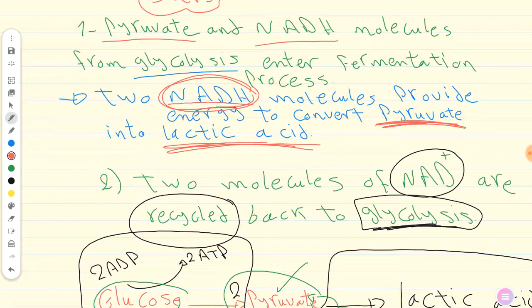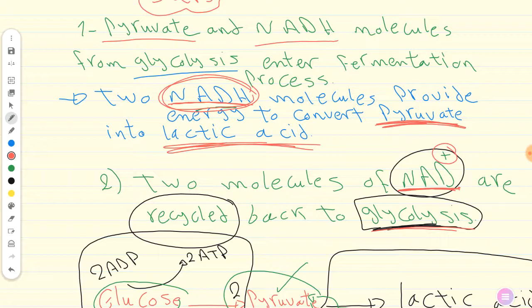As a result of using these 2 NADH, they will become 2 NAD without electrons. So these NAD molecules are recycled back to the glycolysis process, which allows glycolysis to continue.